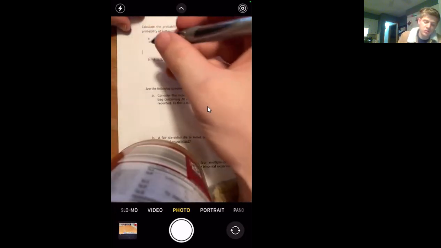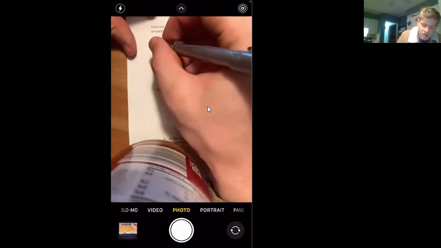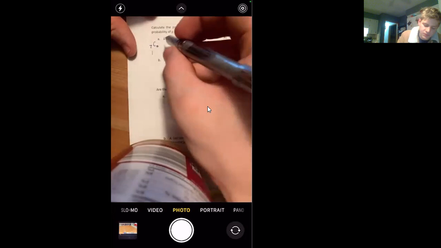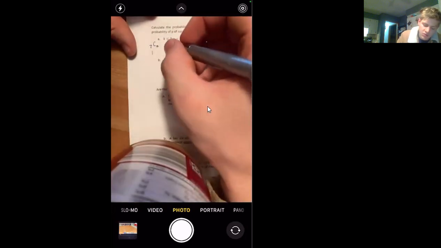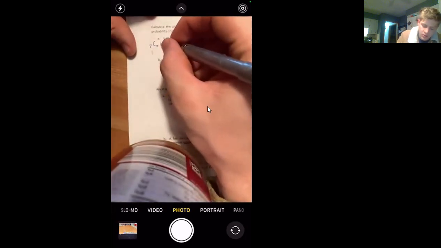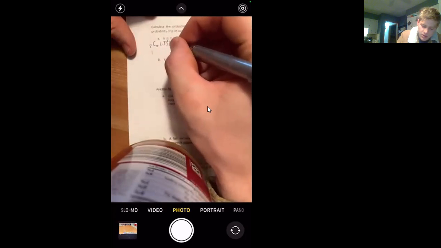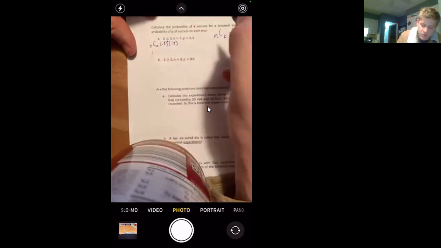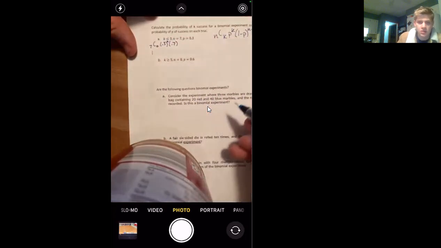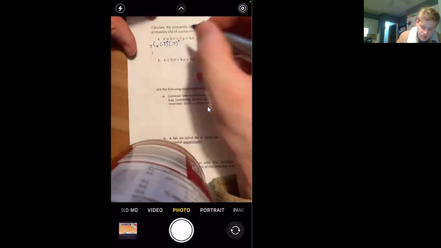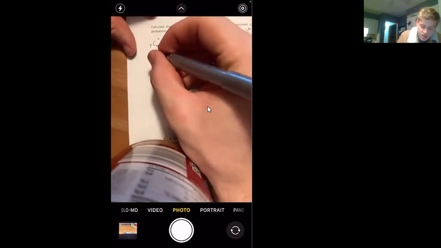So let's do k is 0 first. So we got in total 7 options. We're choosing 0. Now our probability of success is 0.3. That's the 0 power, and the probability of failure would be the 1 minus 0.3, which is 0.7 to the 7th power. And now let's write the other option.